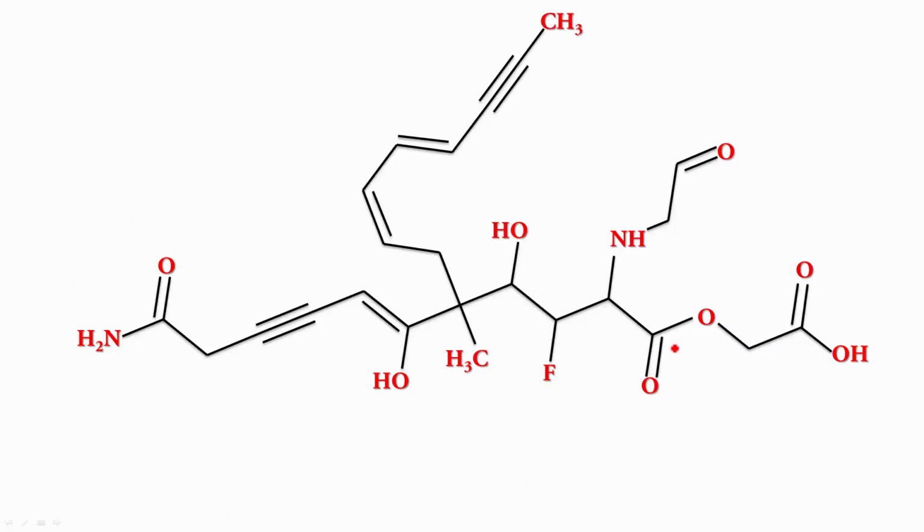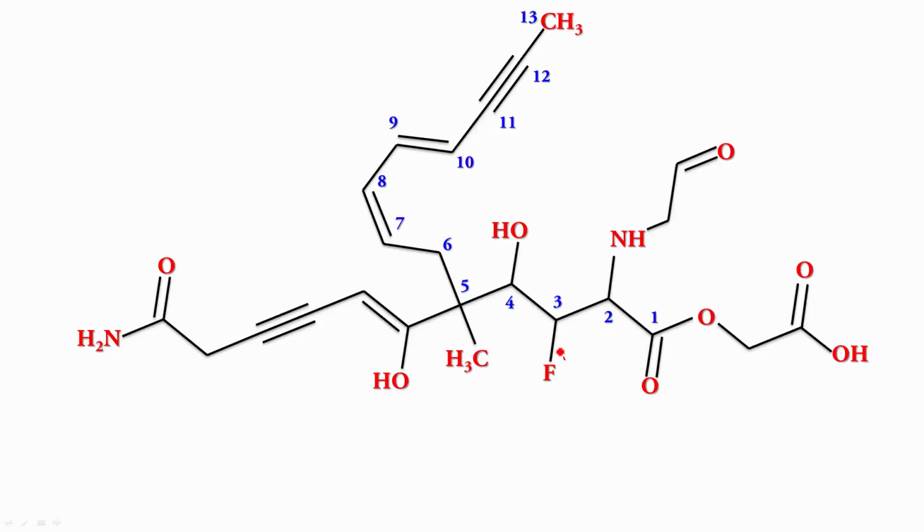So let's try to get the name of this giant substituent, and its numbering obviously has to start from this fellow. 1, 2, 3, 4, 5, 6, 7, 8, 9, 10, 11, 12, 13. Because we need to get the maximum number of carbon-carbon multiple bonds.